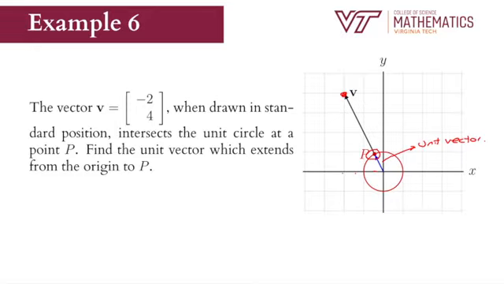And we know it's a unit vector because it is the radius of a unit circle, and therefore it has to be exactly 1 unit long. And we would like to calculate that vector.